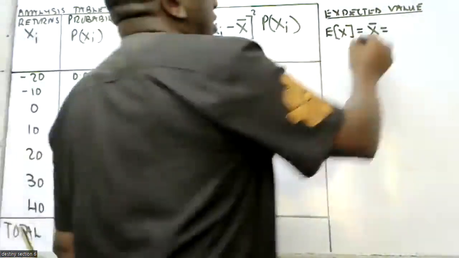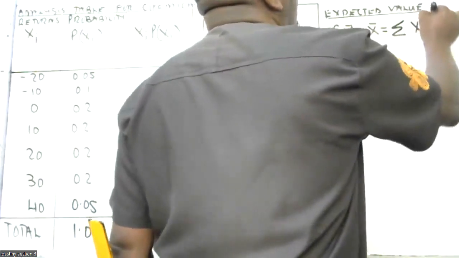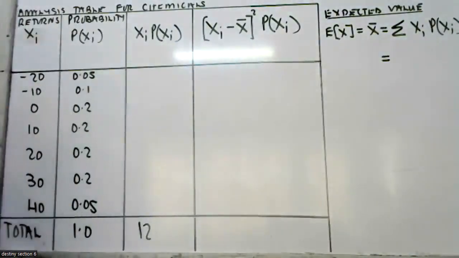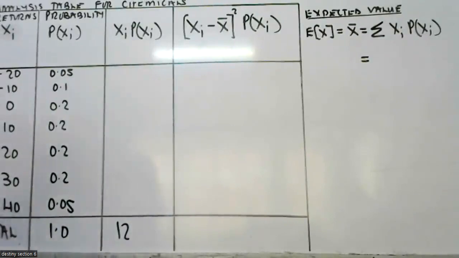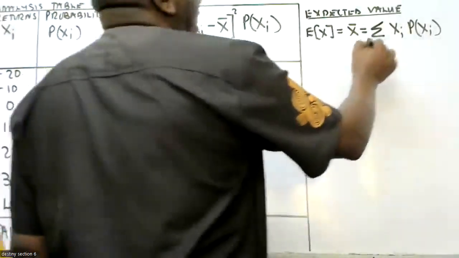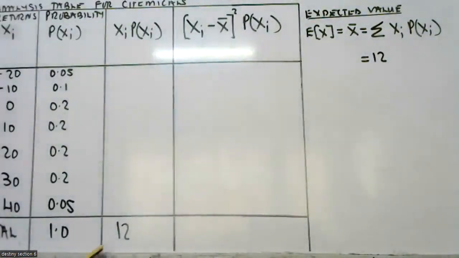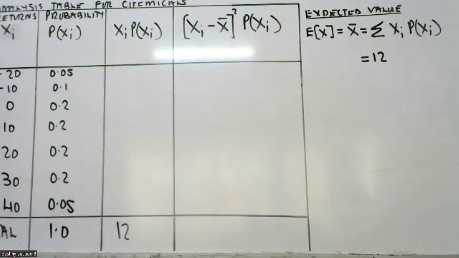So in computing this, we say it is the sum of Xi multiplied by the probability of Xi. So when we have done that, the answer is what? It's 12. So when we have multiplied this and we have summed, the answer is 12.